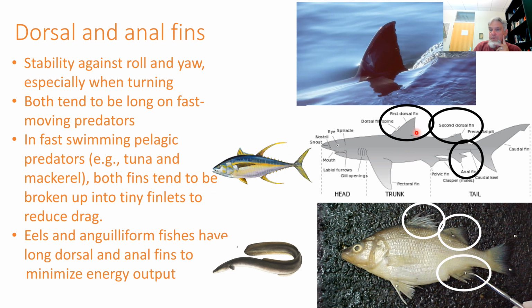Sharks also have dorsal fins, and they serve the same kind of purpose as they do in other fishes. Eels and other anguilliform fishes have really characteristic dorsal and anal fins. They're very, very long. They cover the length of the body, which allows them to dispel turbulent forces or drag that impede them from moving.